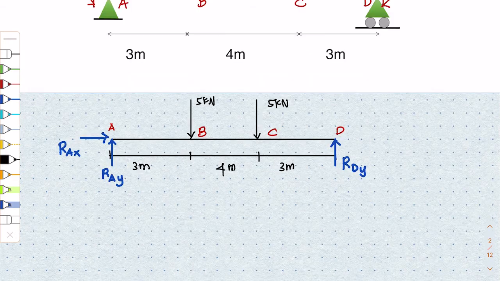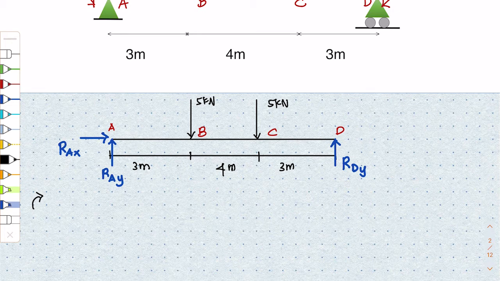We can take moment at any point sebenarnya untuk solve this question, tapi lebih senang kita take moment dekat the support. Okay, so I take moment dekat A. I buat the moment equation sebab I nak dapatkan reaction kan.